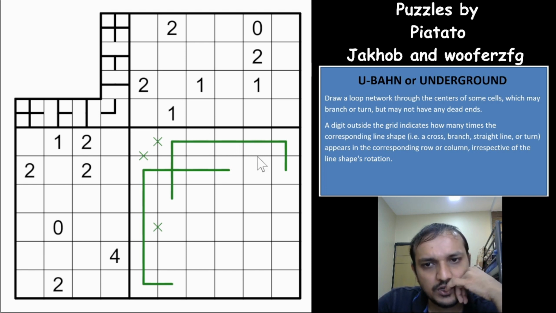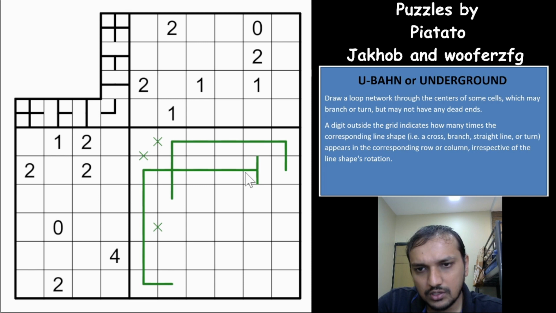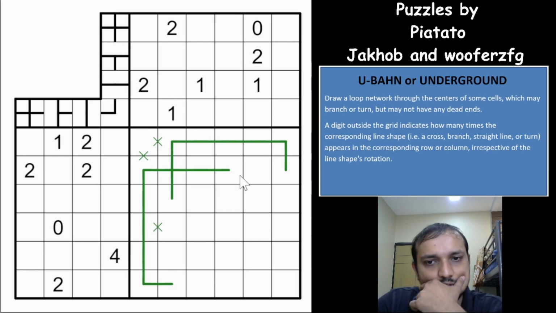So if this is a straight line, this is also a straight line. No. Okay, so you can have it even this way, right? Okay, yeah, I'm missing something then.